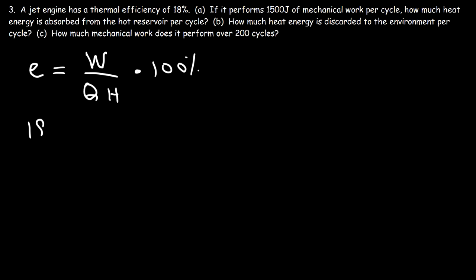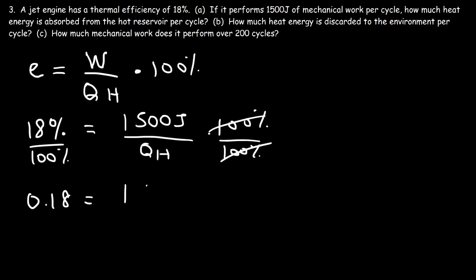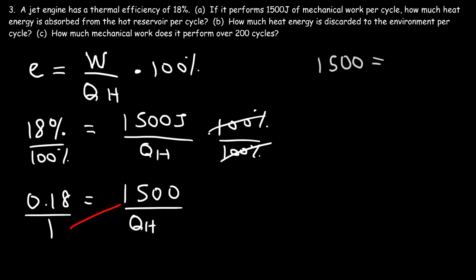So the efficiency is 18%. The mechanical work is 1500 joules. So the first thing we should do is divide both sides by 100%. So 18% divided by 100% is 0.18. And that's equal to 1500 divided by QH. So at this point, we can cross multiply. So this is going to be 1 times 1500, which is 1500.